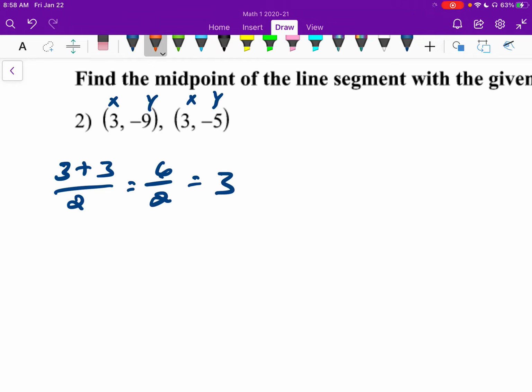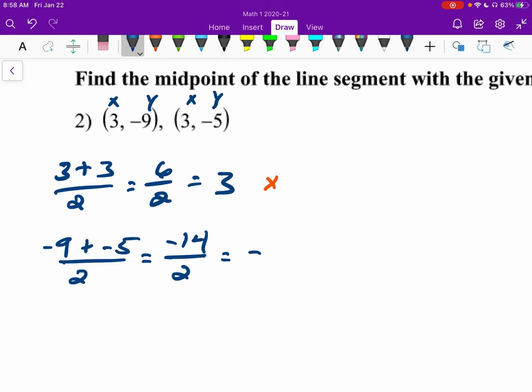That's my x. For y, I'll take -9 plus -5 over 2, that's -14 over 2, which is -7. That's my y. So I have the point 3, -7.